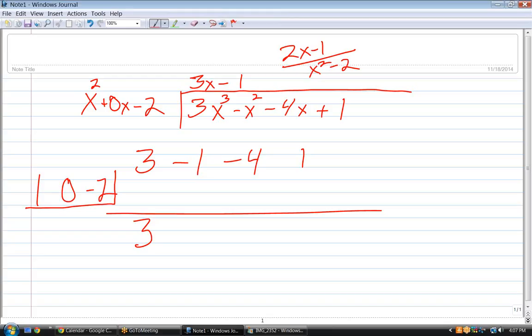Now what would we do? Let me think about this a second. If I multiply that back, I'm going to have a 3 and a minus 6. I've never tried synthetically dividing by a quadratic. I haven't either. Usually, we can do it, but not that way.